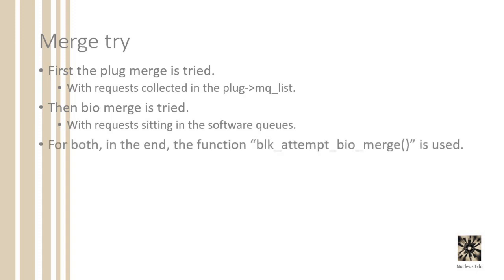So one thing to note here is for both these tries, in the end the function blk_attempt_bio_merge is used. We're going to first look into this function and how the bio is attempted, then we're going to move back to the two different merges and talk a little bit about them.